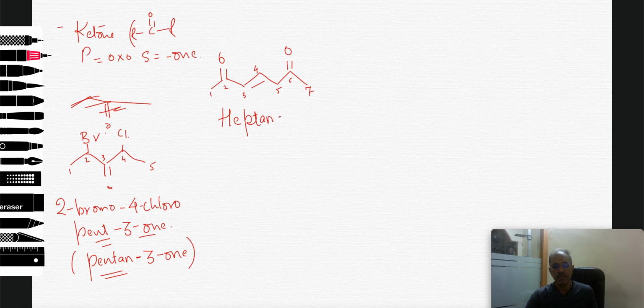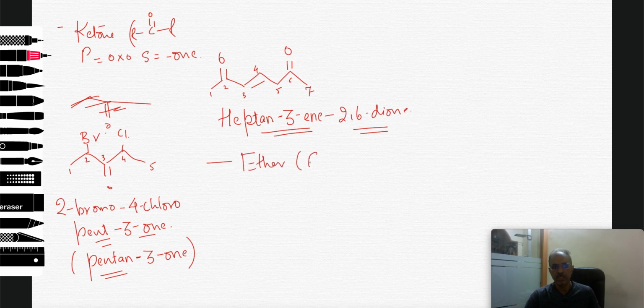E can be replaced, heptane, 3-ene, 2,6-dione. Heptane 3-ene 2,6-dione. Heptane 3-ene 2,6-dione. Okay.